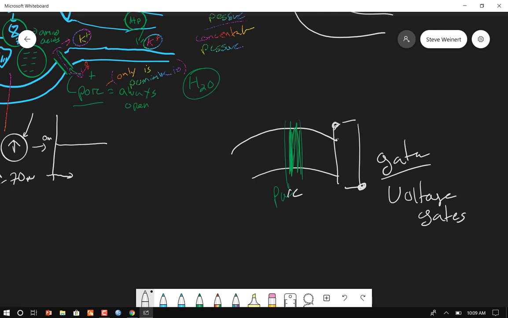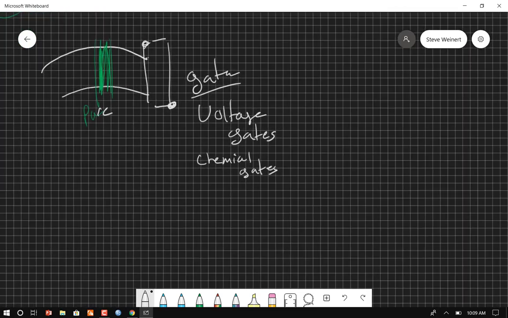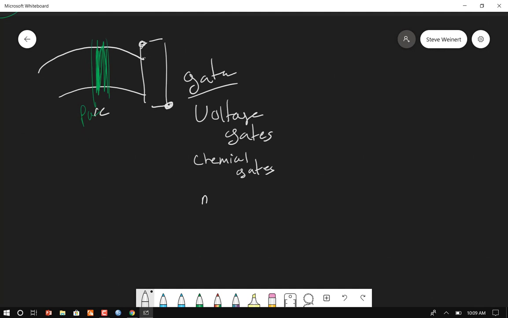Voltage. There's chemical gates. Guess what opens chemical gates? They're called ligand, actually, but what opens a chemical gate? Chemicals. There's mechanical gates. Guess what opens a mechanical gate?